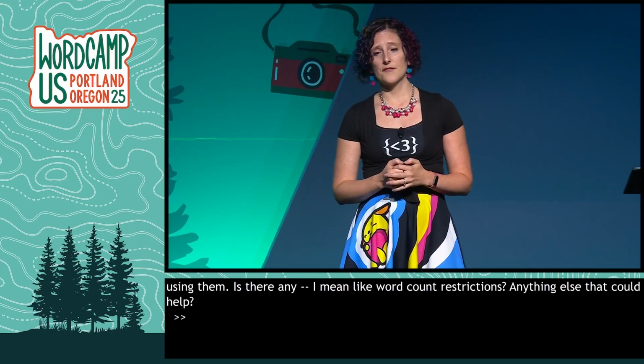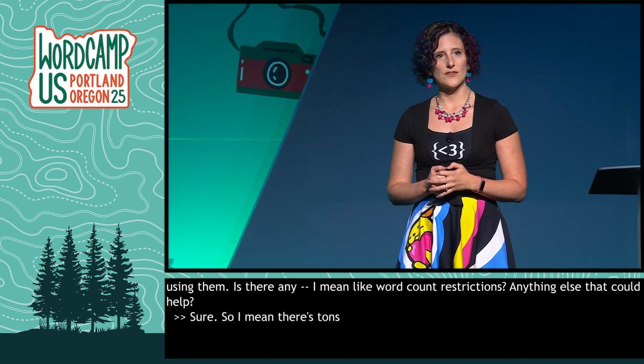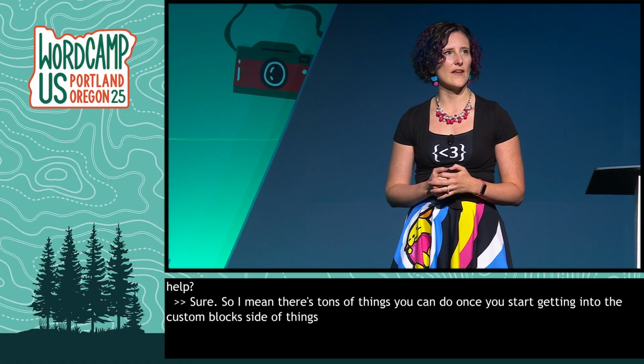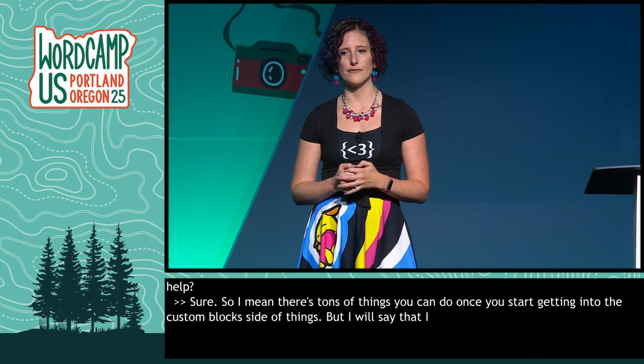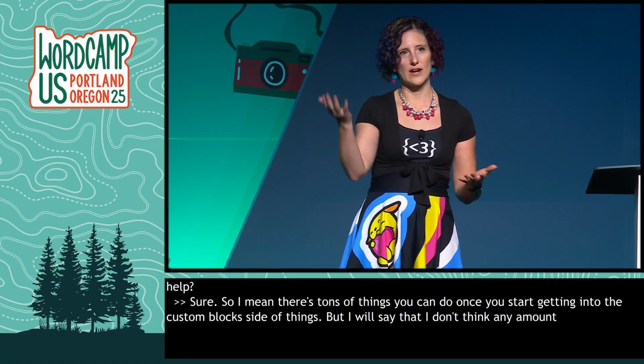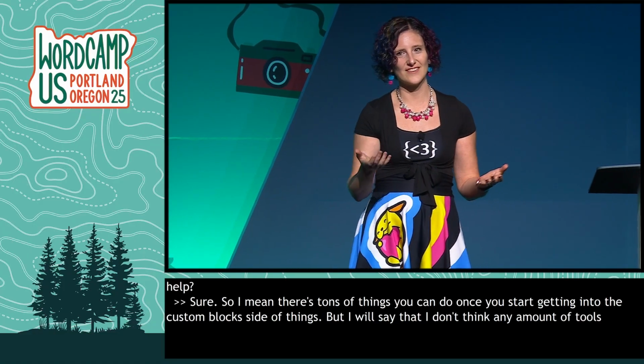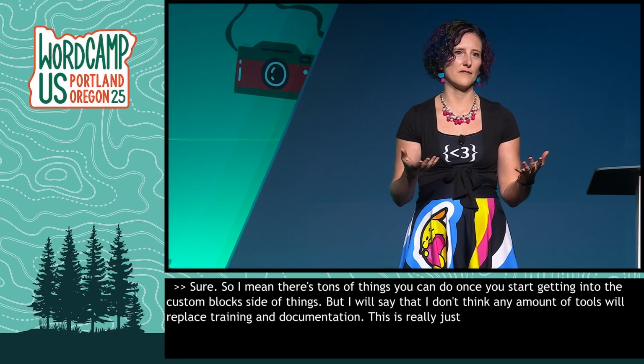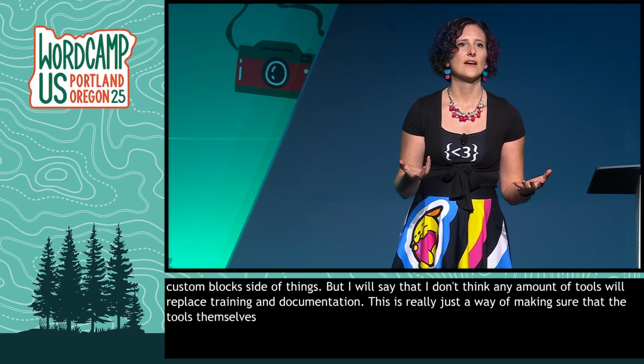So there's tons of things you can do once you start getting into the custom blocks side of things, but I will say that I don't think any amount of tools will replace training and documentation. This is really just a way of making sure that the tools themselves aren't making it worse.